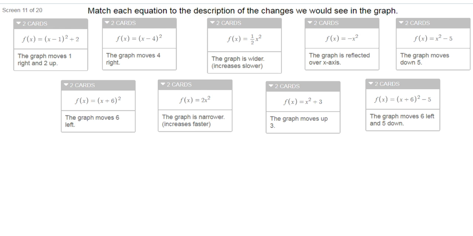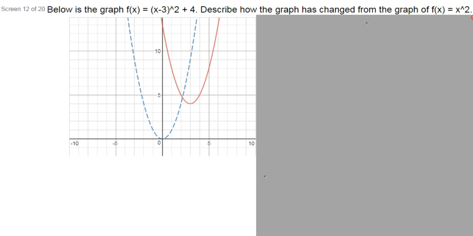Then we asked you a couple things about this one function here, describing how it changed. The parent function x squared is here in blue, and our transformed equation is x minus 3 squared plus 4. If you just look at the vertex for each of these functions, right, it's normally at 0, 0. Now we can see that the vertex is at 3, 4.